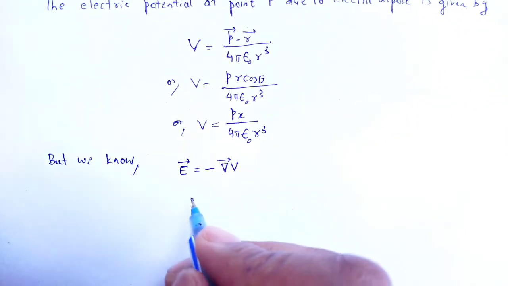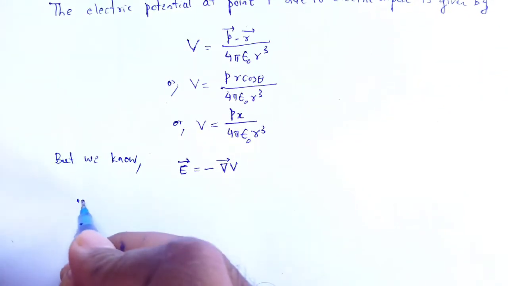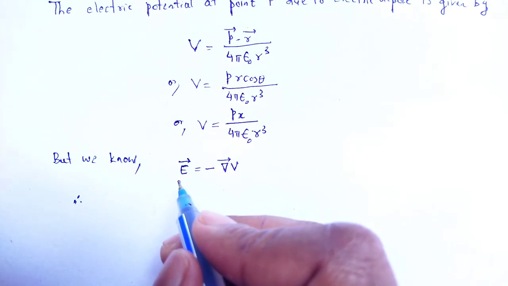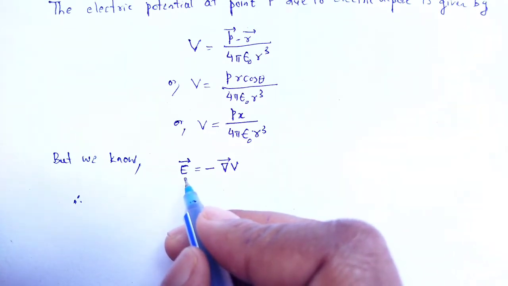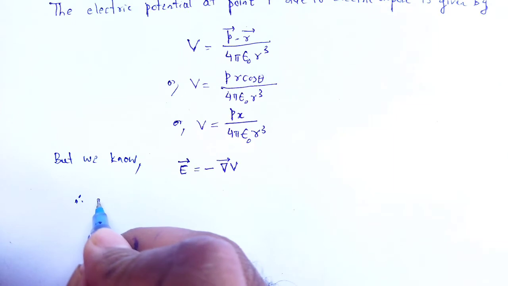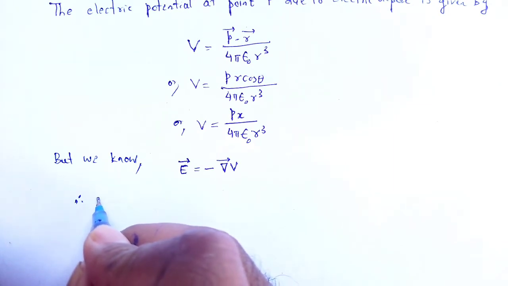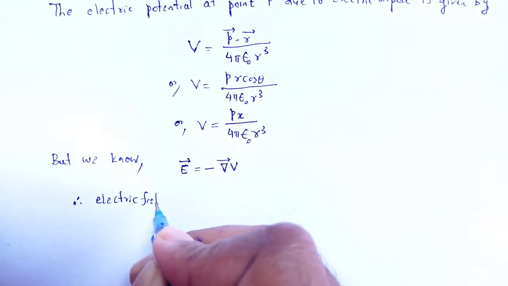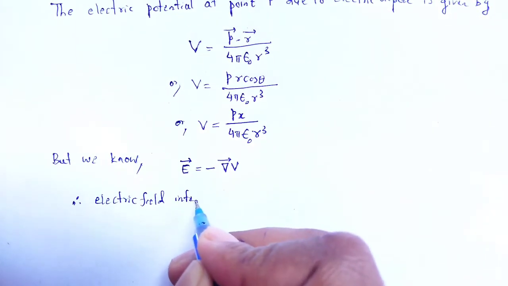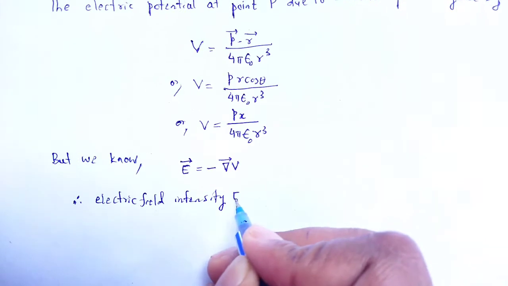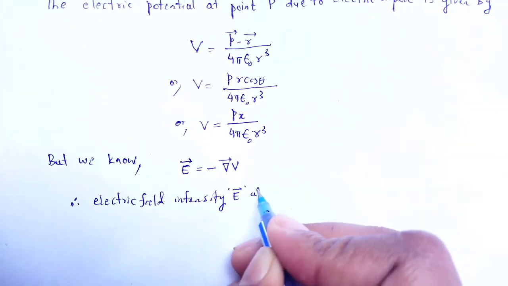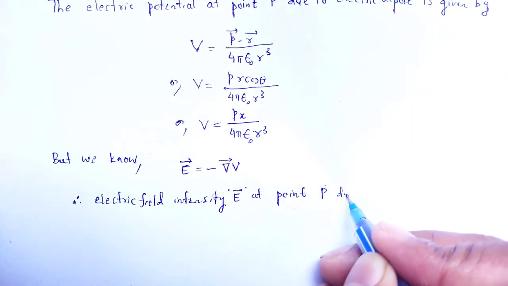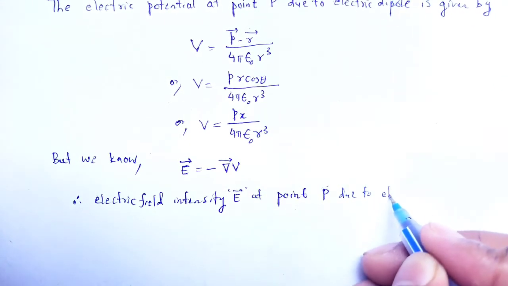Therefore, let E be the electric field intensity. Therefore, the electric field intensity E at point P due to the electric dipole.